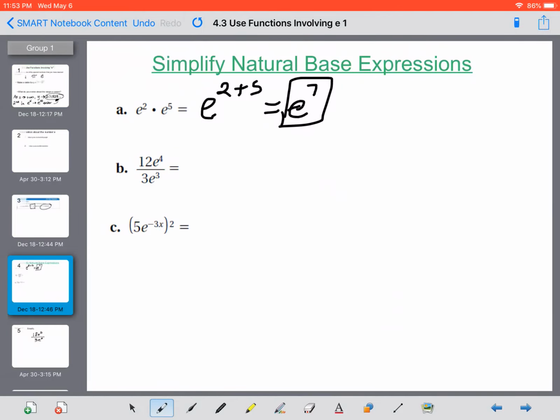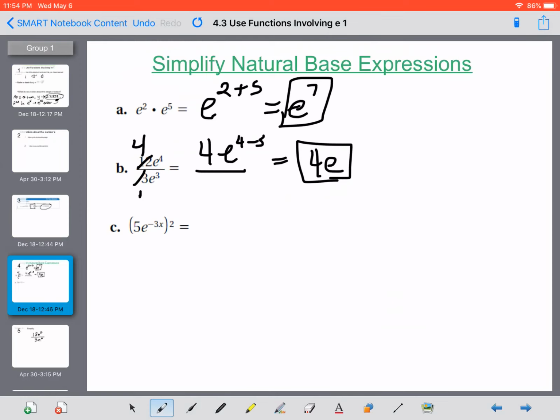Okay, and then the next one, b: 3 goes into 3 once, into 12 4 times. So on the numerator, you'll be left with 4, e to the 4 minus 3. So your answer would be 4e to the 1st power.